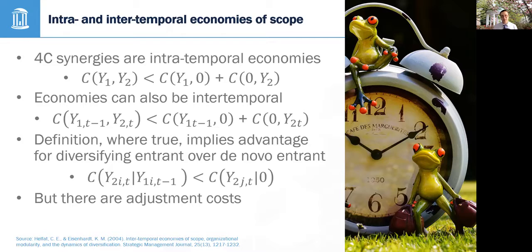Sony had been developing lenses for a long time for things like CD players and DVD players. So those allowed them to reallocate resources into digital photography and allowed them to have success in that industry over new entrants. As with all of these reallocations of resources, there are disruption or adjustment costs.